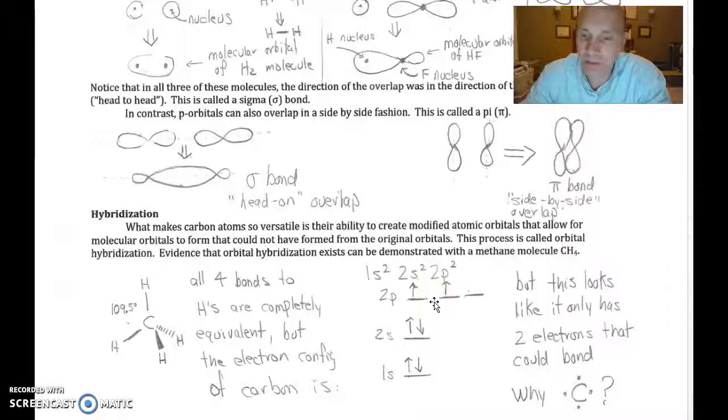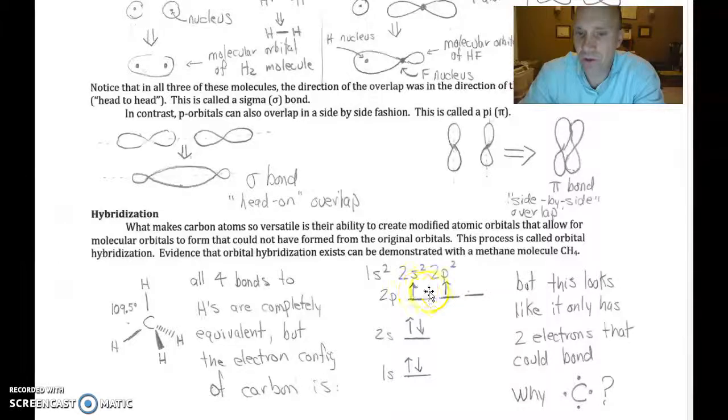So the thing about this is that if we were to look at this orbital notation, and knowing that covalent bonding occurs when atoms share electrons, this would indicate that we've got a single unpaired electron in this orbital and a single unpaired electron in this orbital. So it looks like you would only be capable of making 2 bonds to the carbon.